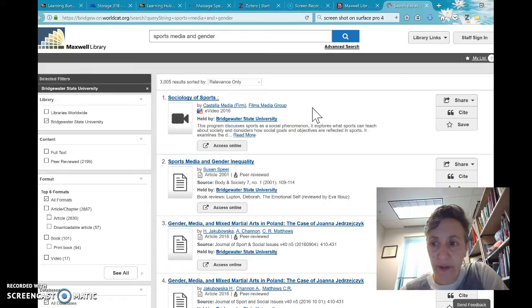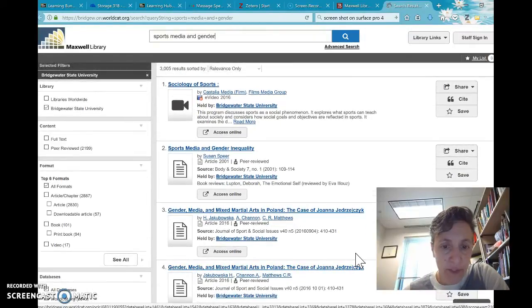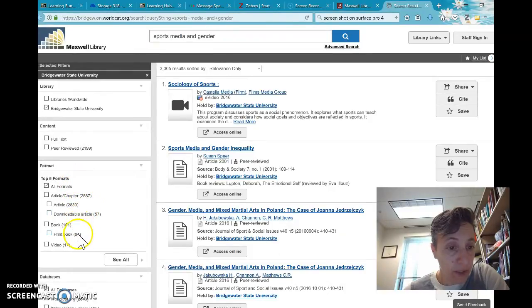So part of the reason I find this database to be a little confusing is, first of all, it includes everything. It has films, e-videos, articles, peer-reviewed and non-peer-reviewed articles. I just find it a little bit confusing. Over here, you can limit to articles that are downloadable, books, videos, so you could limit it easily.